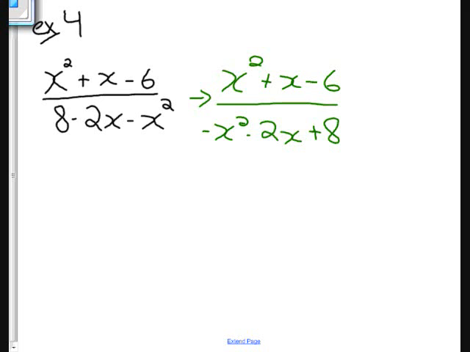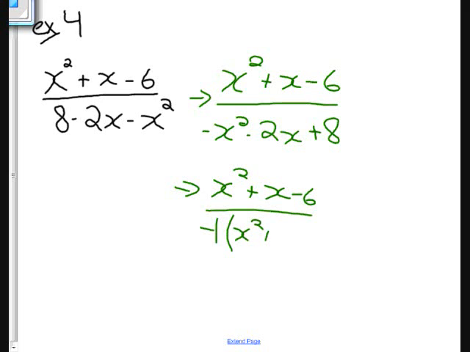Now, what's one more thing we can do at the bottom? Yeah, take out that negative 1. That negative 1 is going to handle the whole thing.